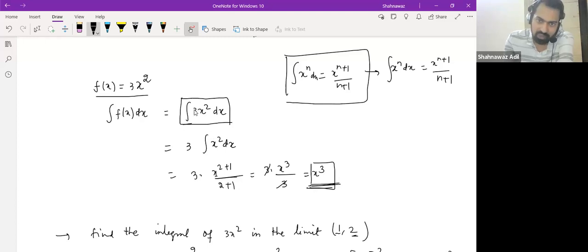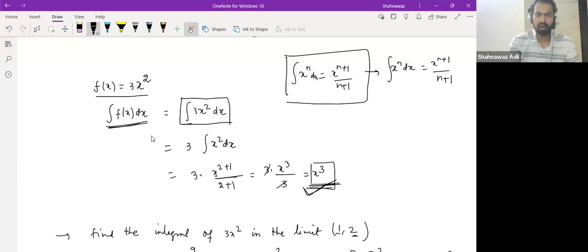So I have this function 3x squared dx. I take 3 outside and the function is only x squared. This is power 2, right? So I will add 1 to the power and then divide by the new power. So this is the indefinite integral of f.